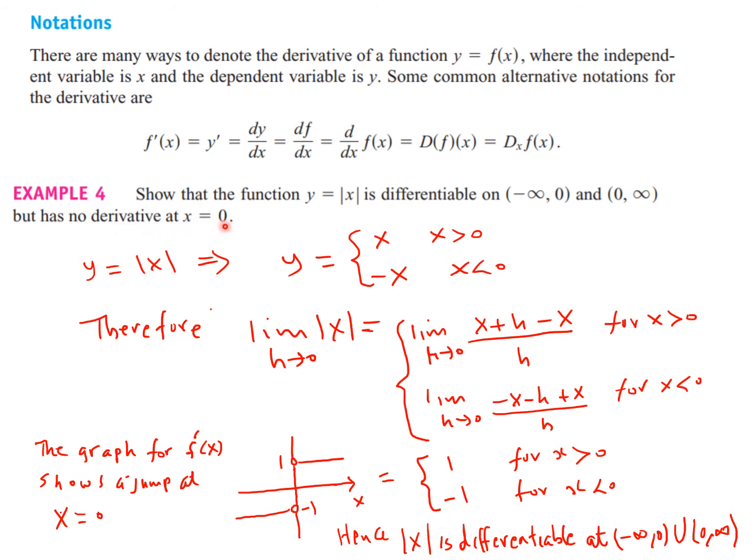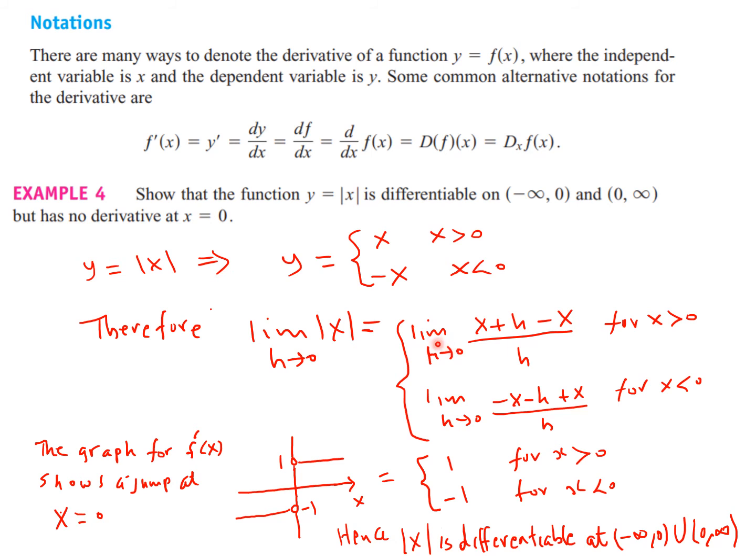So y equal to mod x in general implies that y equals x for x greater than 0 and negative x for x less than 0. Therefore, let's go ahead and take the derivative of mod x. We take the derivative by taking the limit as h goes to 0, and this equals two possibilities.